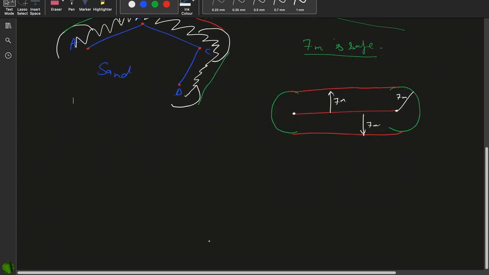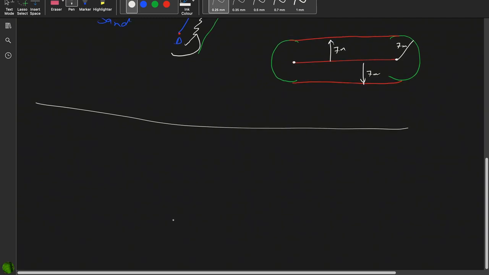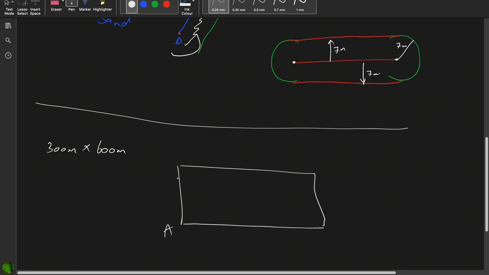Okay. Let us discuss one more case. For example, we have an open field which measures 300 meters by 600 meters, A, B, C, D. You may have different scenarios in your question, that you have to plant a tree or you have a treasure somewhere inside and you are given this information that where does it lie.